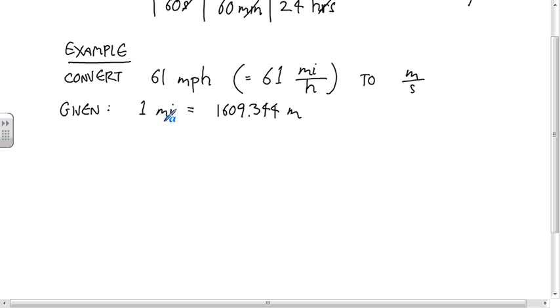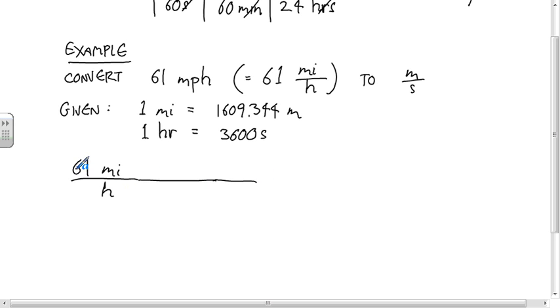Okay, so we're given that 1 mile is 1609.344 meters. And the other thing we're given is that 1 hour is 3,600 seconds. Okay, so we're going to start with our original quantity of 61 miles per hour.